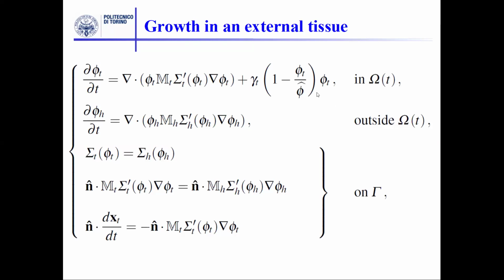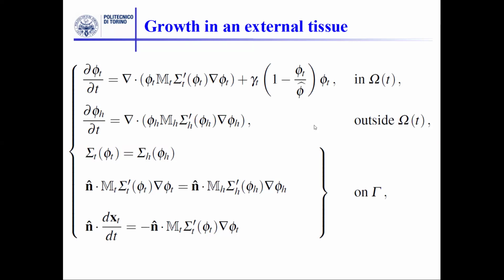I'm using a logistic growth term, and later on I will comment on how this again can be related to a mechanical effect, an effect of stress on growth. The second difference is that the motilities of the cells can be different, and also the response to compression will be different.